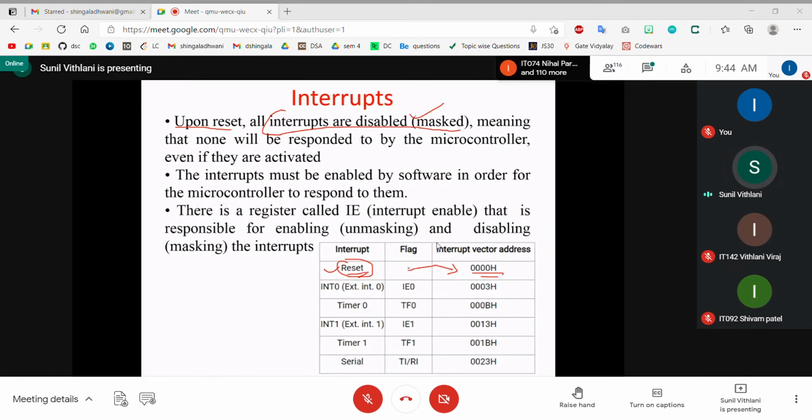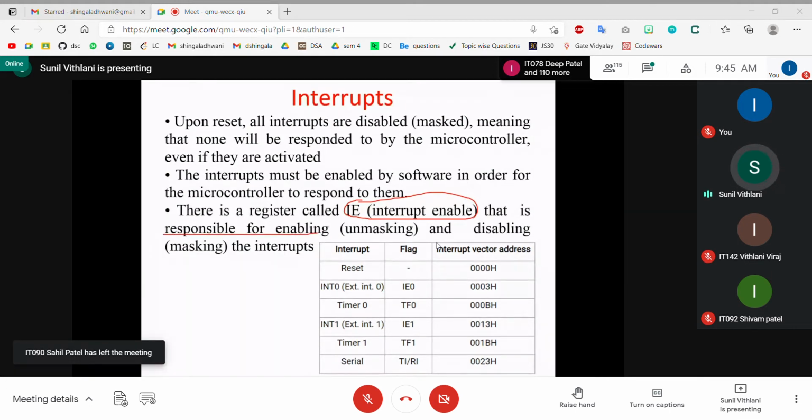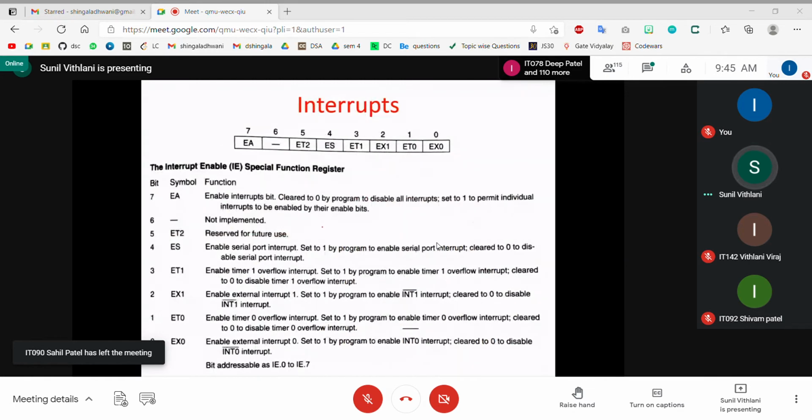Interrupts must be enabled by the software in order for the microcontroller to respond to them. And there is a register. इसको enable करने के लिए हमारे पास कौन सा register है? There is a register called IE, interrupt enable, that is responsible for enabling or disabling these. So this is the interrupt enable register.